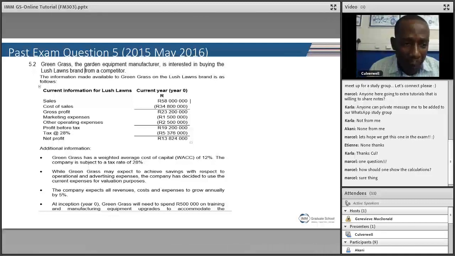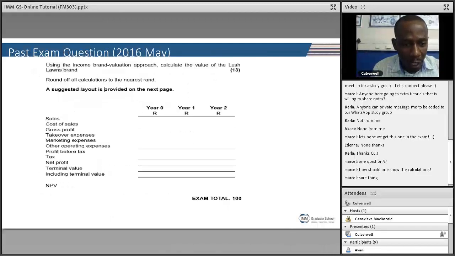I will also bring gross profit exactly as given. Marketing expenses and other operating expenses, I will bring exactly as they are given, but I won't bring profit before tax going downwards, because if you look at the format, they have given you an additional expense which they are referring to as takeover expenses.